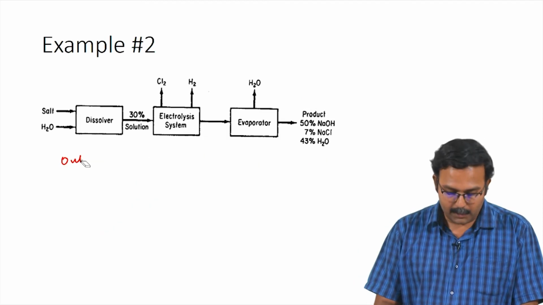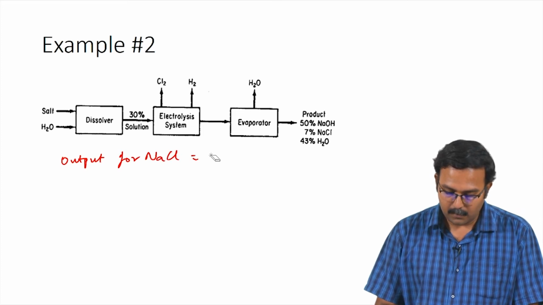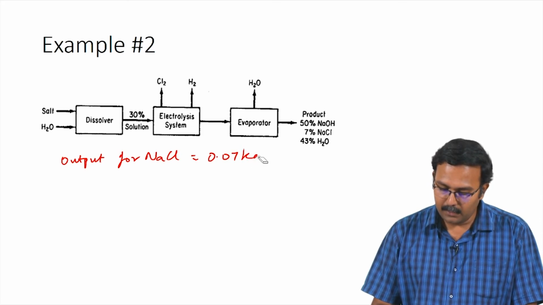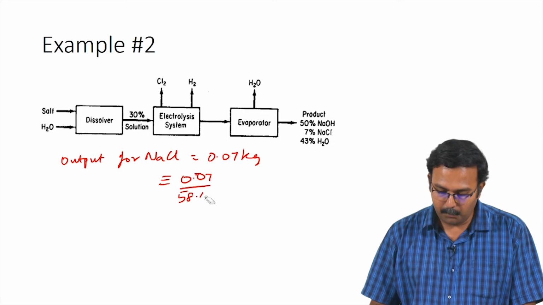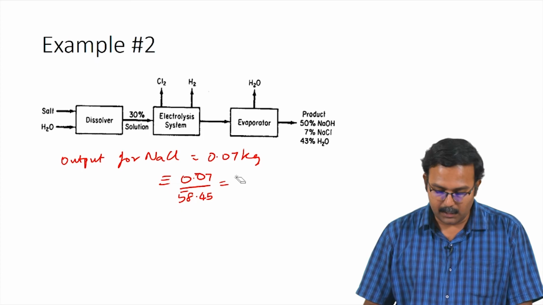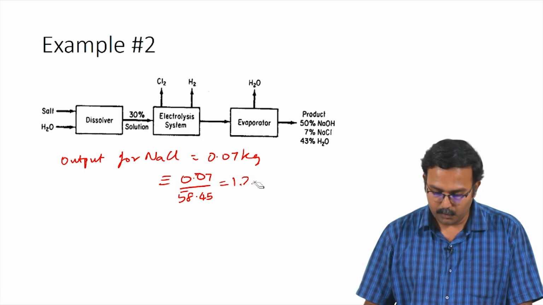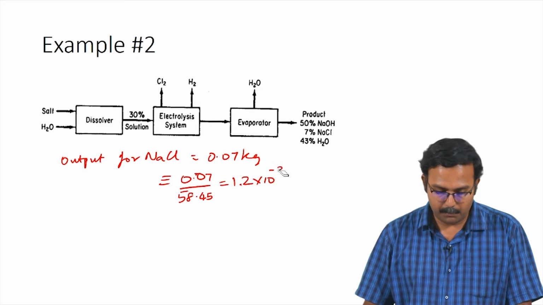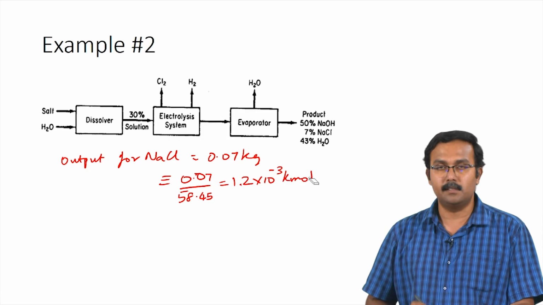We already know that the output for NaCl is 0.07 kilograms. So, this is equivalent of 0.07 divided by 58.45, which is the molecular weight of NaCl, giving you 1.2 times 10 power minus 3 kilomoles of NaCl, which is leaving the system.